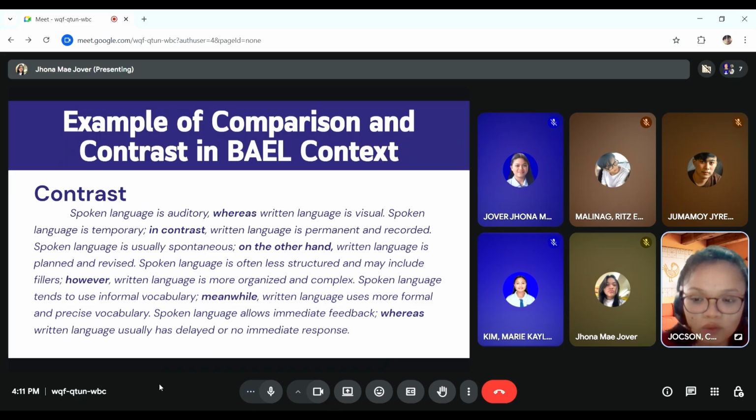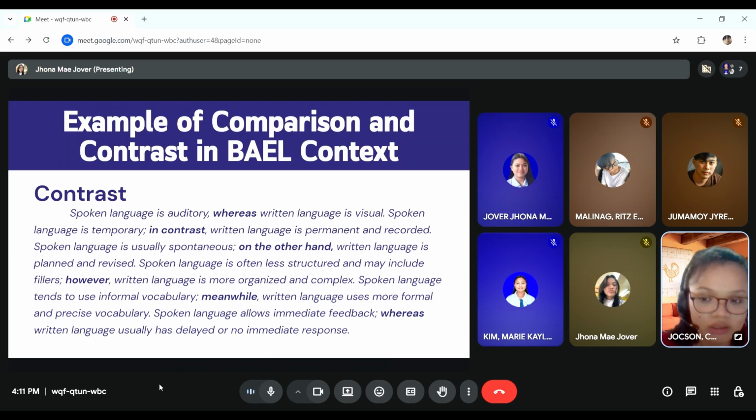So again, we mapped out the different criteria all throughout this paragraph. And as you can see, again, there are bold formats for certain text here, which are signal words showing that we are trying to compare two different features of spoken and written language.